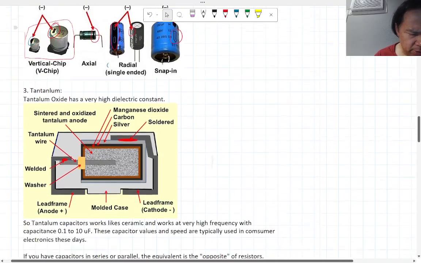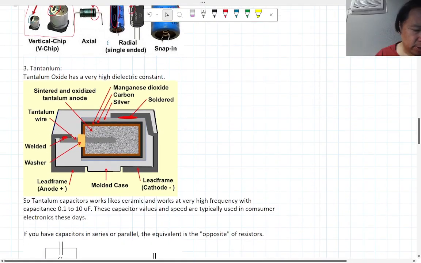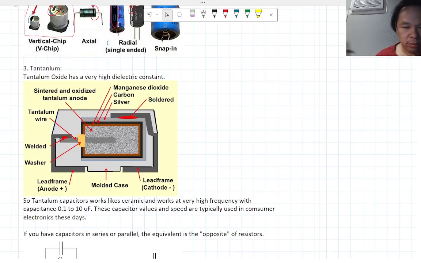The last type of capacitor that the book mentions is the most common one that you'll find in electronics these days. Actually, my phone, my computer screen, cars, light switches, are these tantalum type of capacitor. This is the schematic of it. So let's talk about how this works.